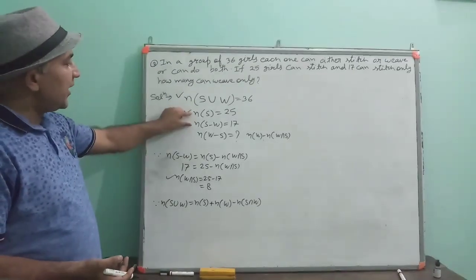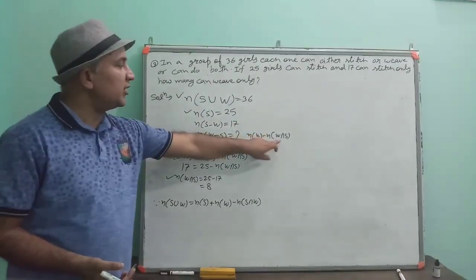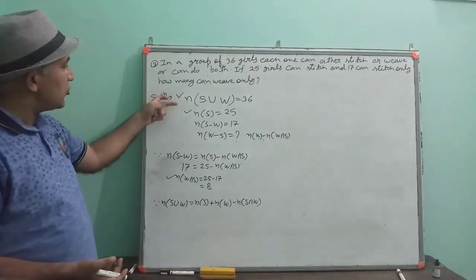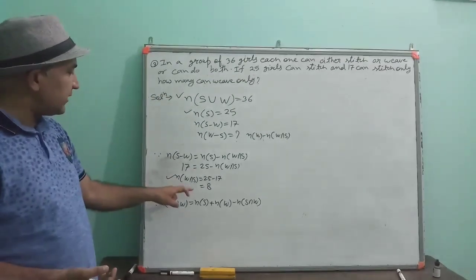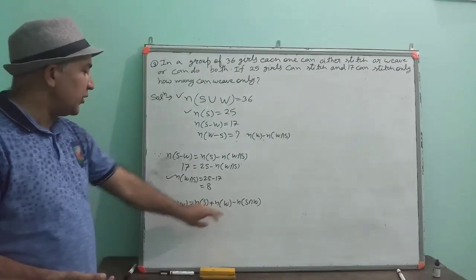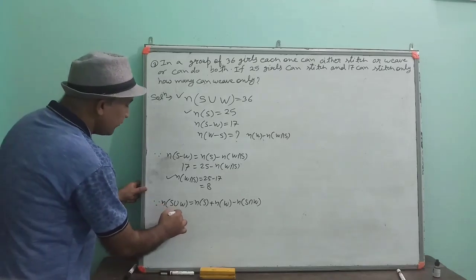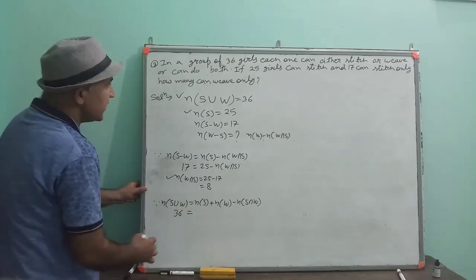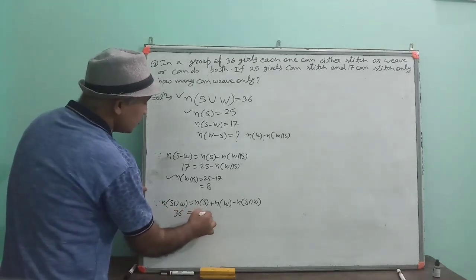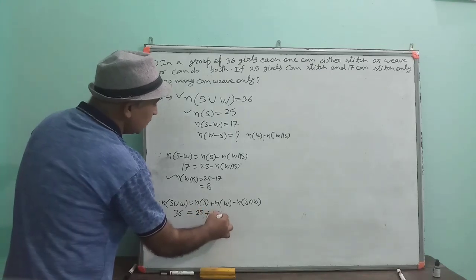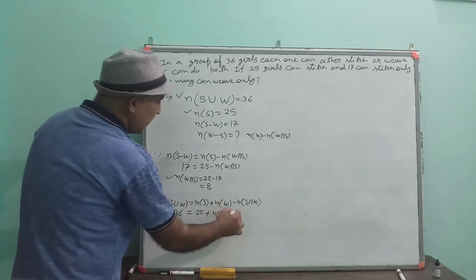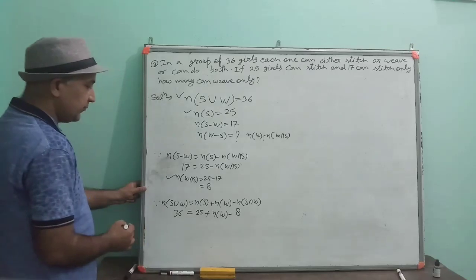Okay. First, by using these two, we have got the intersection. Now, by using these three, we can get the NW. Okay. Now, put the value. This is given 36. This is 25. This we have to find. And with this we have got 8.